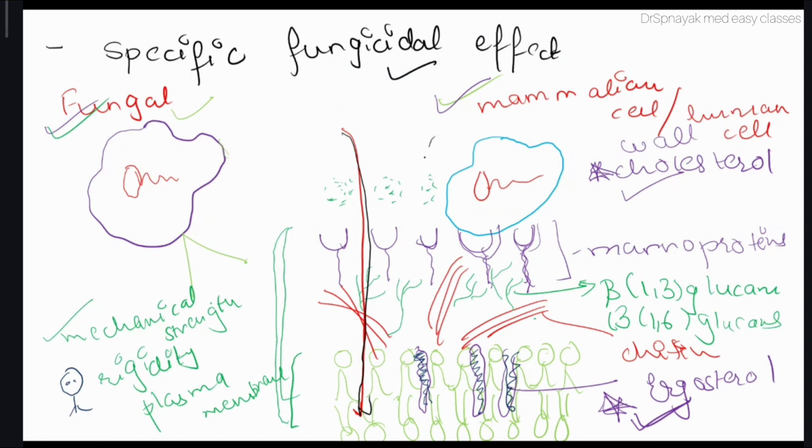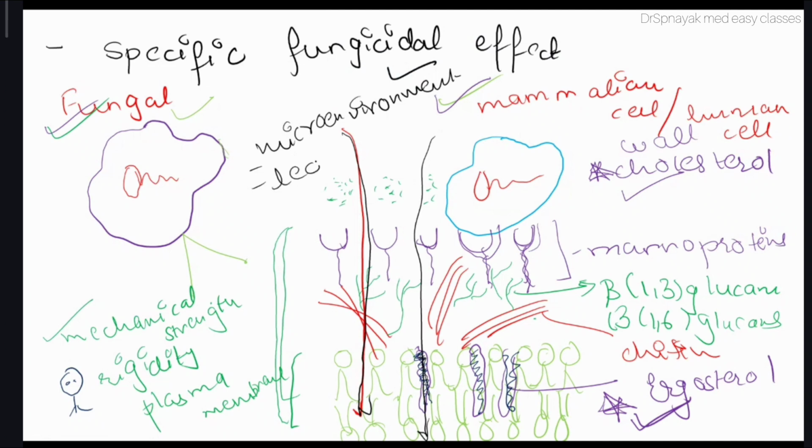So what will happen when it creates a pore by binding to this ergosterol? It will impair the membrane fluidity, or the membrane won't be able to maintain its integrity, and it won't be able to maintain its microenvironment as it creates the pores.